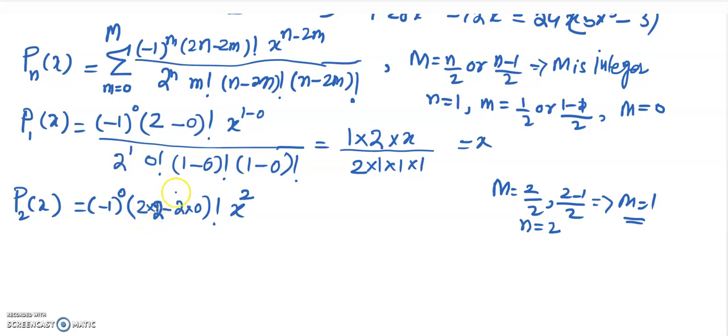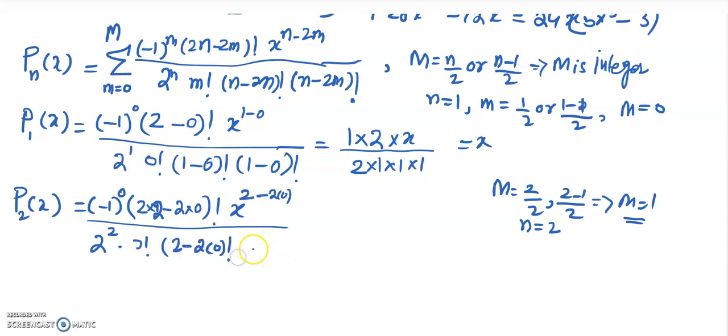It should be (2 into 2 minus 2 into 0) factorial, and m was 0. So x power 2 minus 2 into 0, divided by 2 power n, 2 power 2, m equal to 0 factorial, then (2 minus 2 into 0) factorial, and then again 0 factorial.